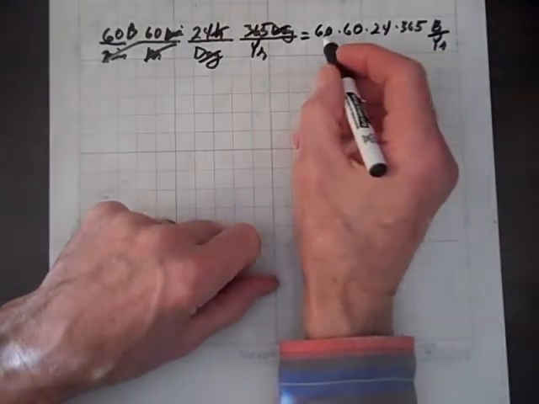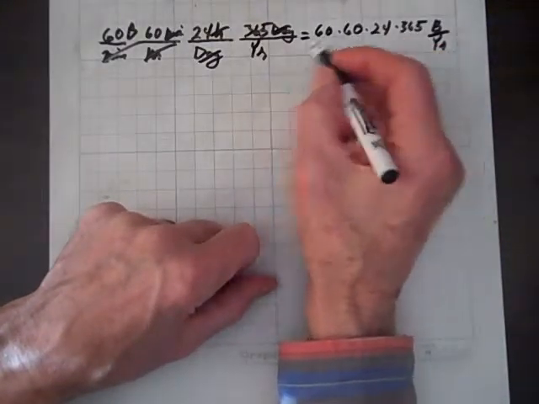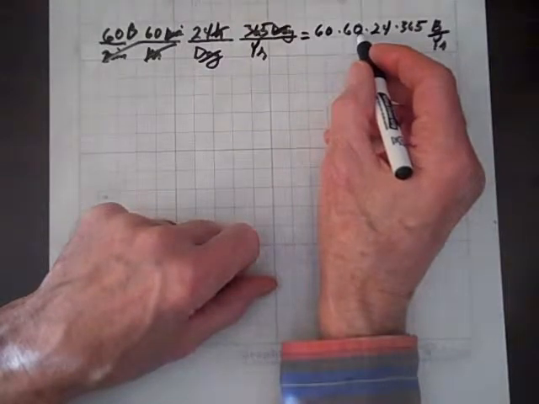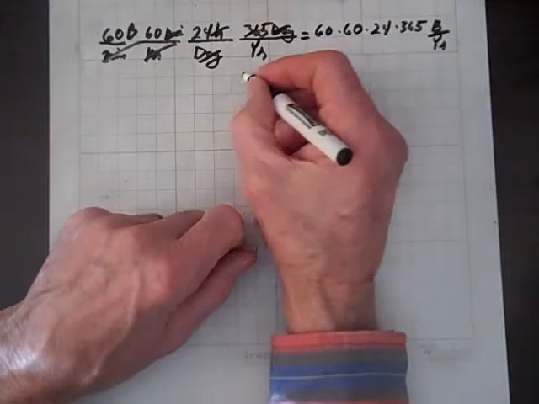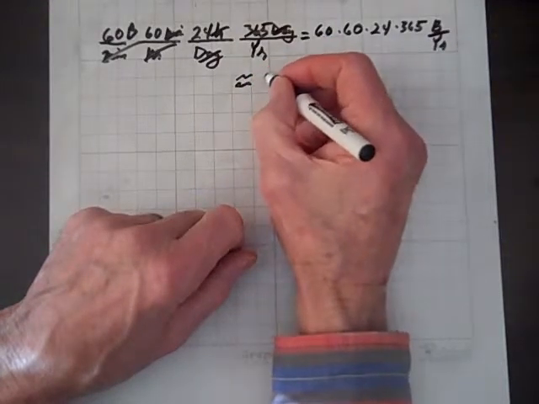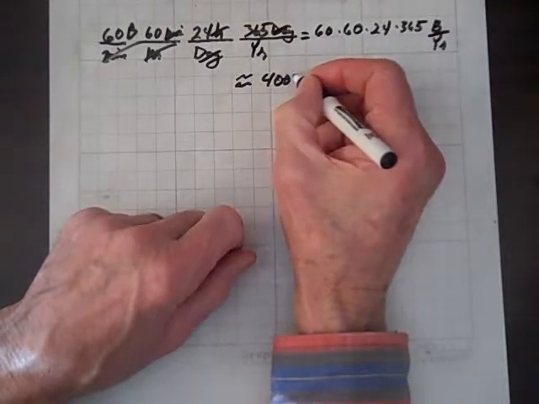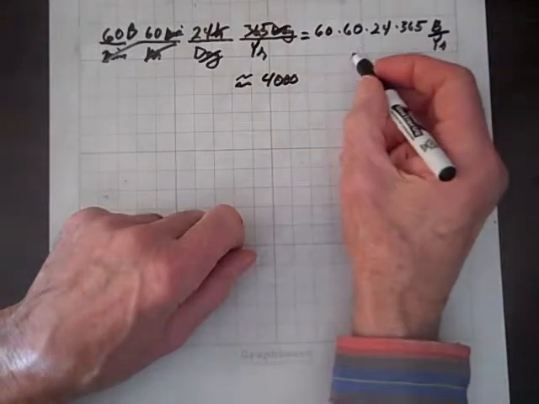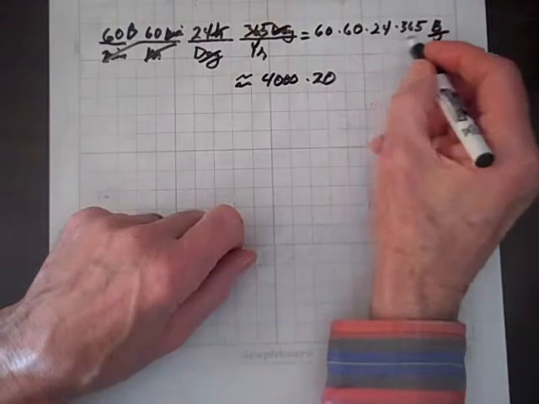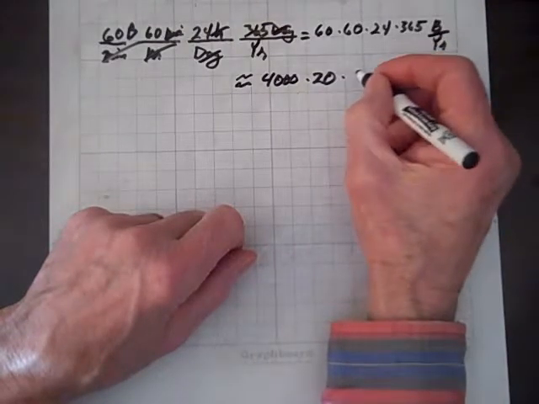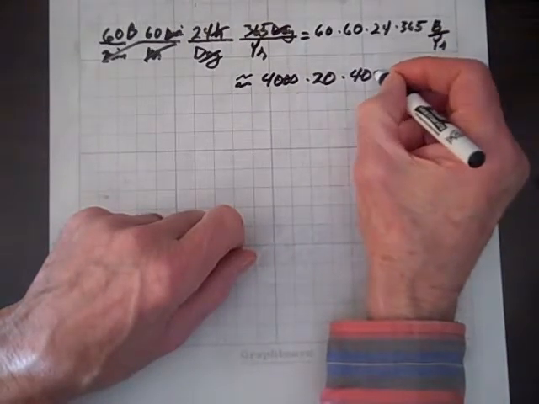So I'm going to round these 60s up. As a matter of fact, 60 times 60 is 3,600. I'm going to round that up to 4,000. And I'm going to round 24 down to 20, and round 365 up to 400.